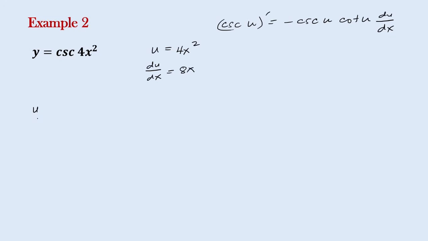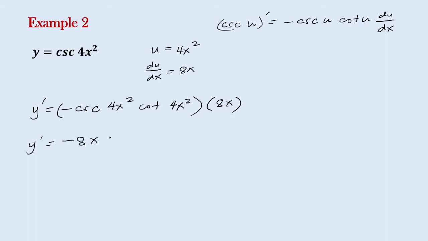Therefore, y prime is equal to negative cosecant of u, that would be 4x squared, and then cotangent of u, same, 4x squared, and then we need to multiply this to the derivative of u, which is 8x. So our final answer would be negative 8x cosecant 4x squared cotangent 4x squared.